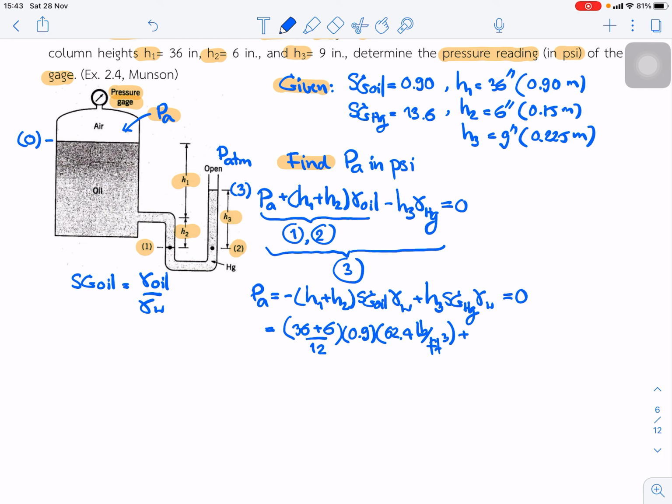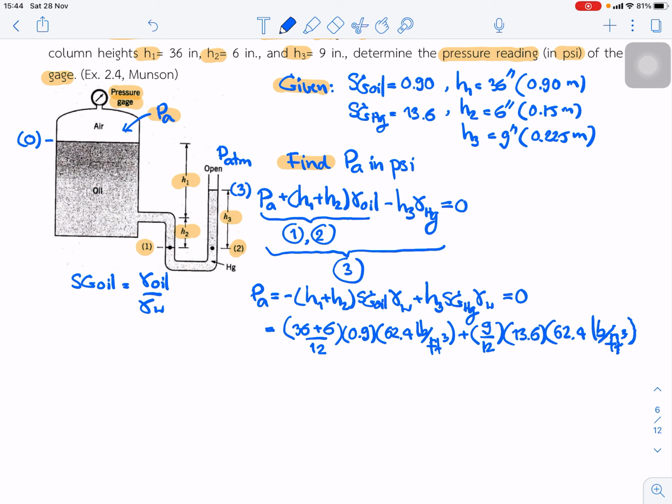Okay, and for H3, it is 9 inch converted to foot. The specific gravity is 13.6, times 62.4 pound per cubic foot.